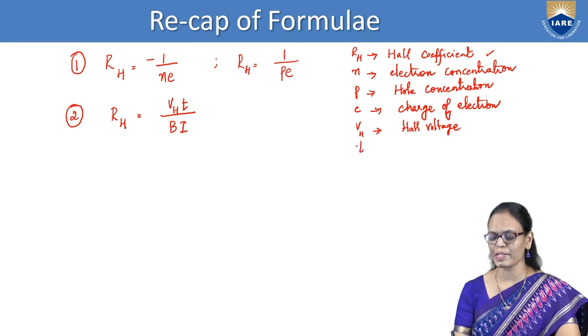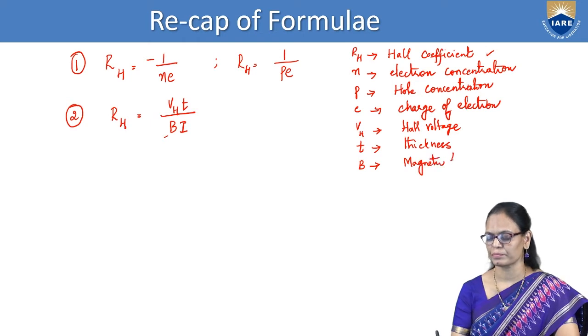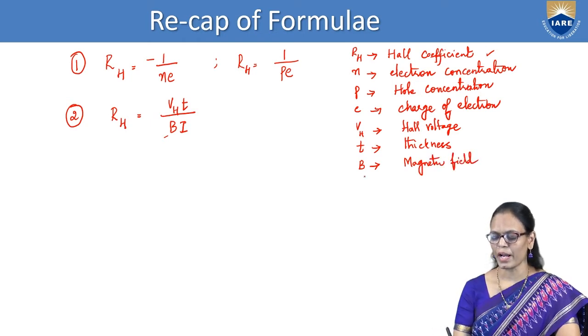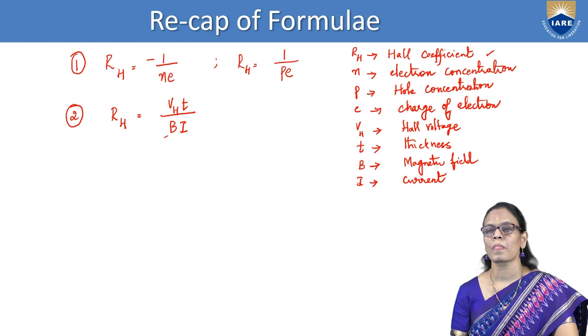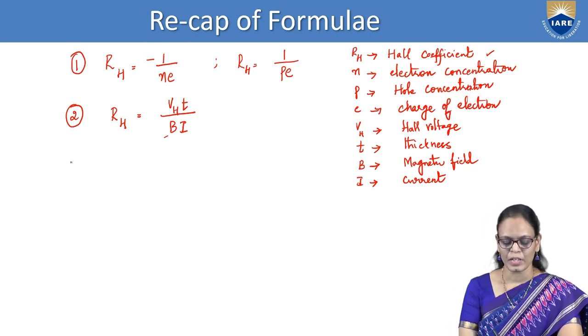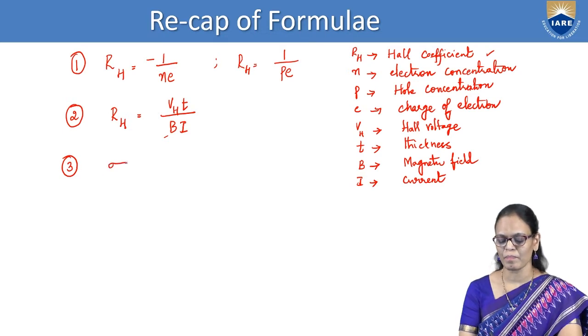Small t here represents the thickness of the specimen or the semiconductor. B here is the magnetic field, or we call it magnetic field induction. And I is the current.